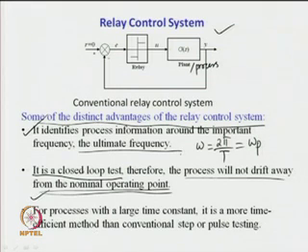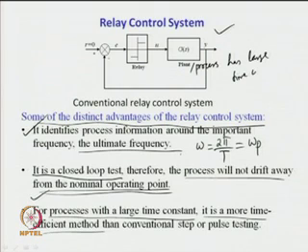Third point is that for processes with large time constant, it is a more time efficient method. When the unknown process has a large time constant, setting up proportional gains in place of relays will be very difficult.